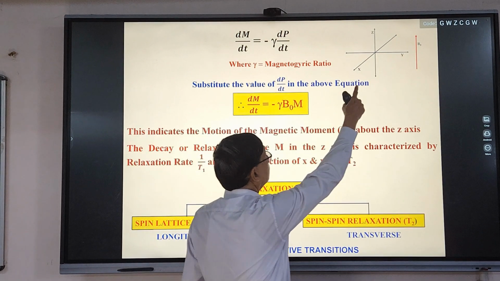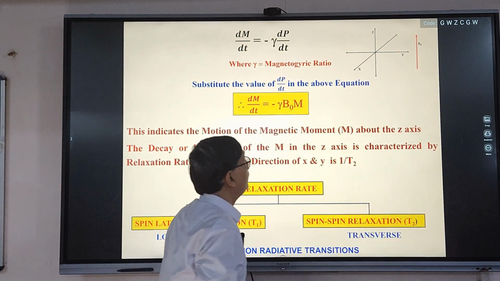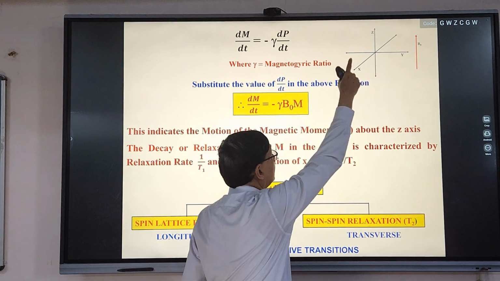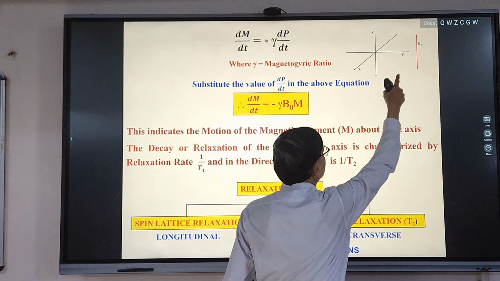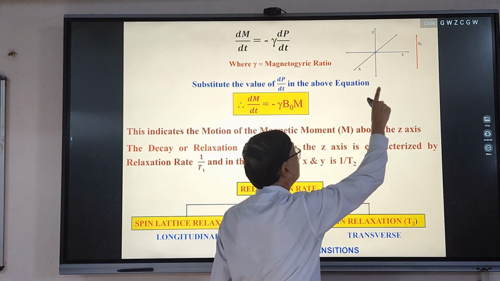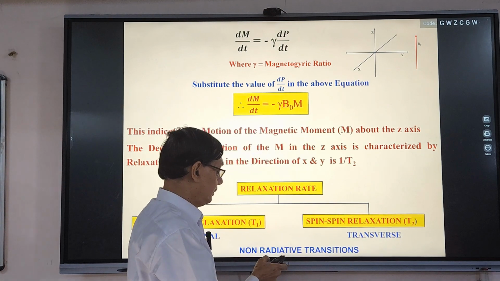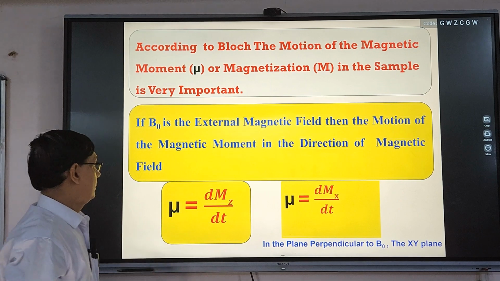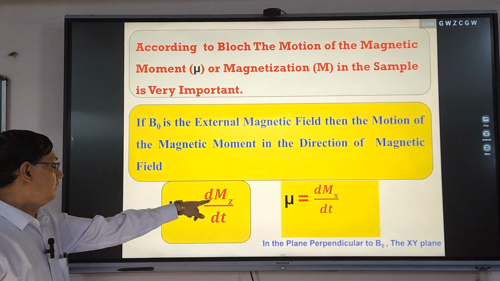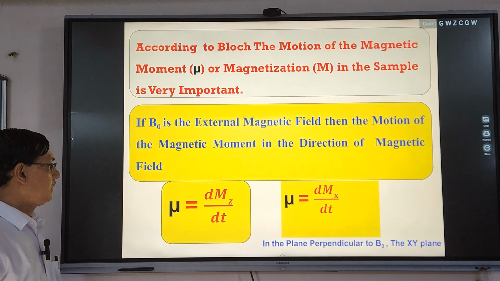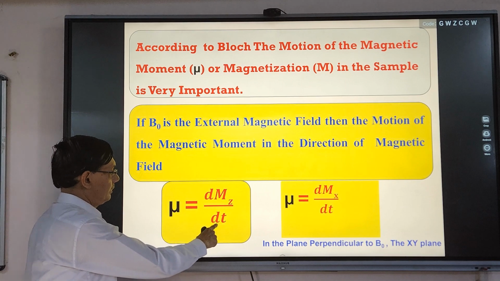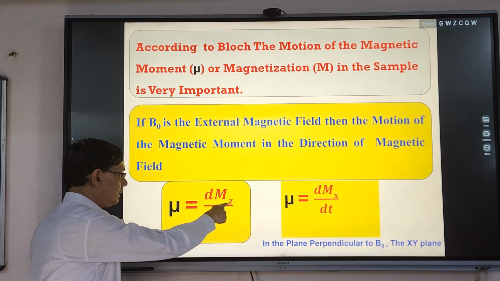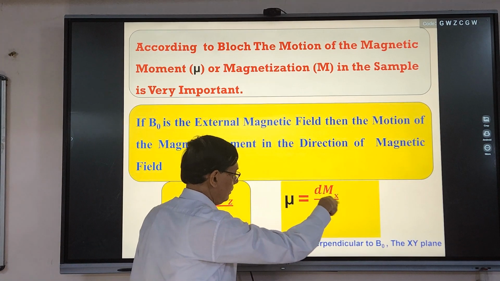If you see this point, this is the Z direction, and X and Y. So there are two conditions: the rate of change of magnetization with respect to time. One is in the Z direction, another is in the X direction.